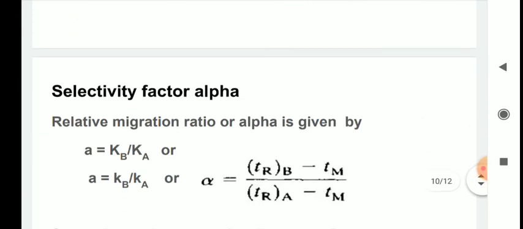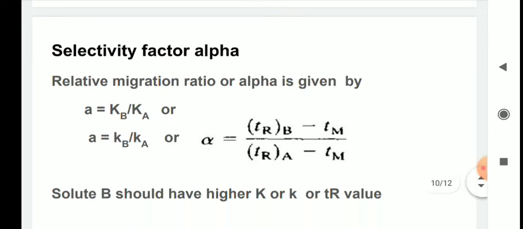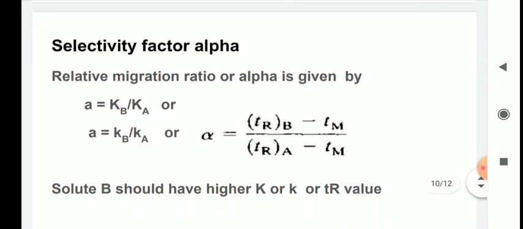Another term which is important in the chromatographic separation is what is called the selectivity factor. Selectivity factor is the ratio of the distribution constants of two solutes, or the ratio of the retention factors of two solutes.